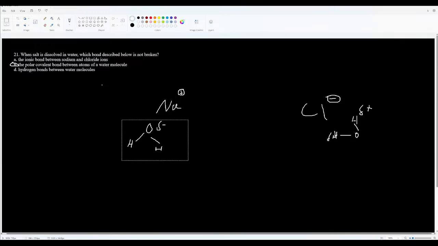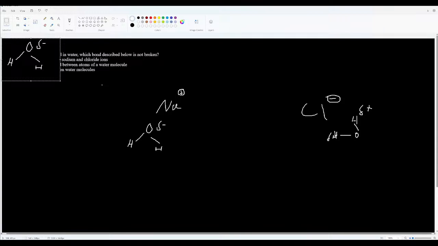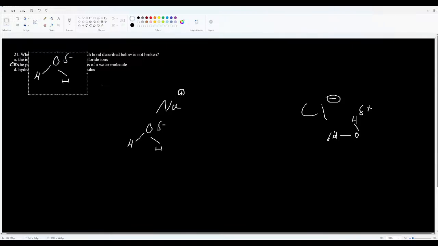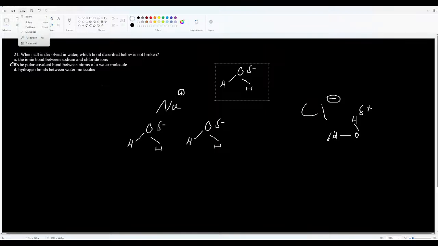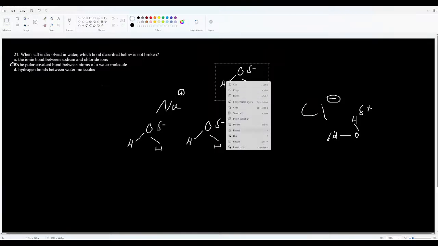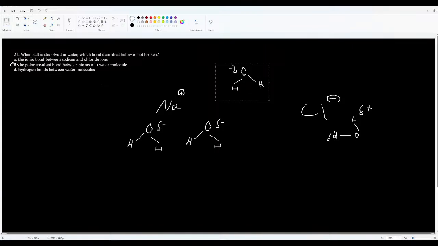And what water can do is literally surround the ions. Shoot, sorry. There we go. If I could rotate this, I would. Yeah, that's close enough.